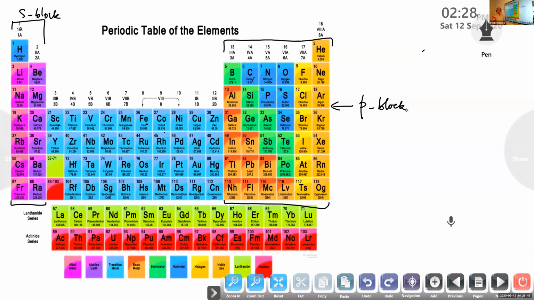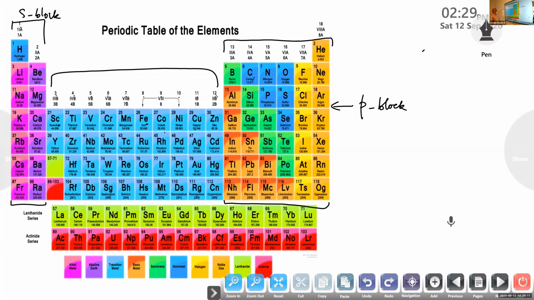Then you come to the middle portion of the main table. Here there are 10 groups, 10 vertical columns, starting from group 3, 4, 5, 6, 7, 8, 9, 10, 11, 12.